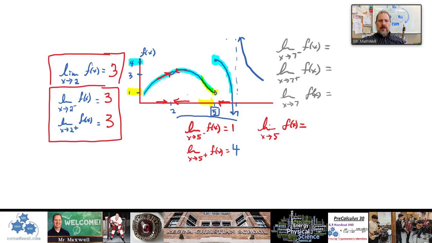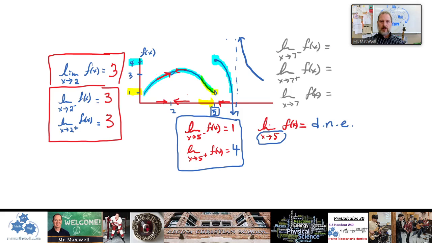So if I consider the left-hand and the right-hand limits as x approaches 5, they do not agree. Therefore, the overall general limit as x approaches 5 does not exist. Okay? Because, again, the graph is approaching two different places, so there is not a single limit that the function is approaching. There exists a left-hand limit and a right-hand limit, but because they're different, we do not have a general limit.